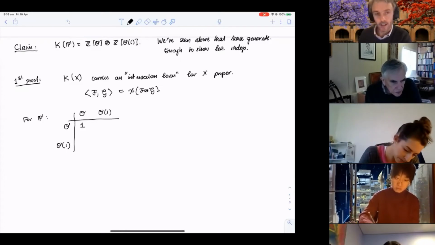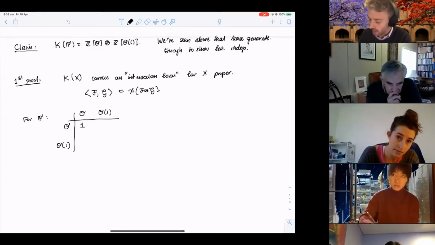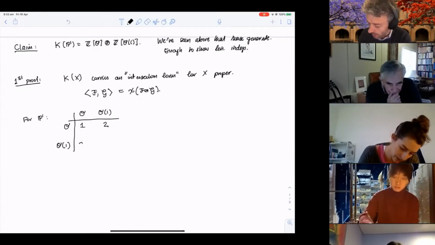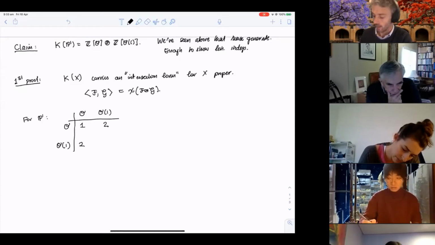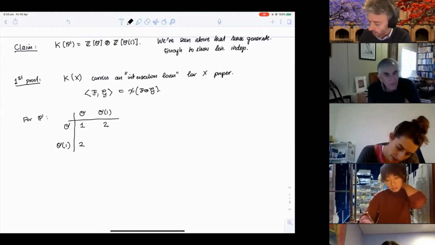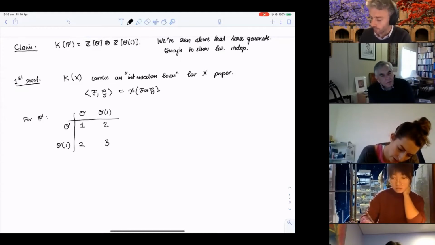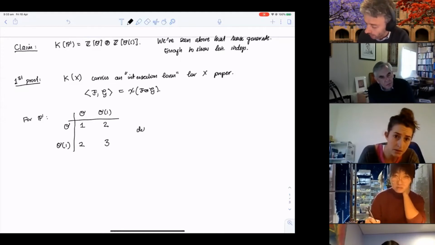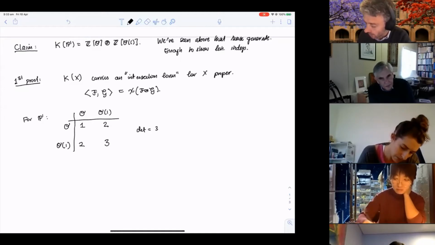O of 1 has a two-dimensional H0 and no higher cohomology, so we get a 2 and a 2. And when we tensor O of 1 with O of 1, we get O of 2, which has a three-dimensional space of sections and no higher cohomology. So we get a 3 here. And the fact that the determinant is 3 minus 4, which is minus 1, implies that this is an isomorphism.